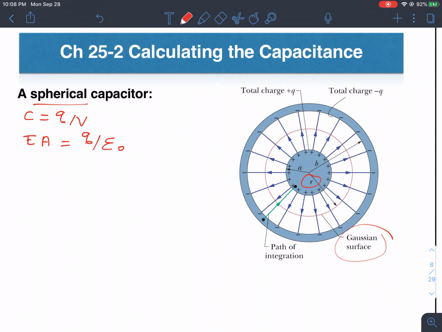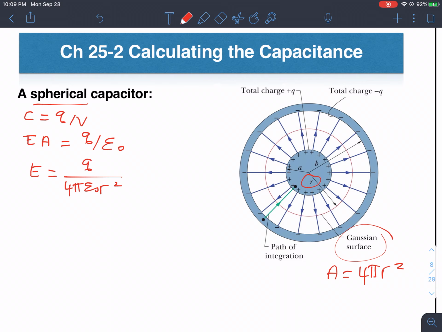Q over epsilon naught. The area is the area of a sphere, 4 pi r squared, so we write the electric field as Q over 4 pi epsilon naught r squared.